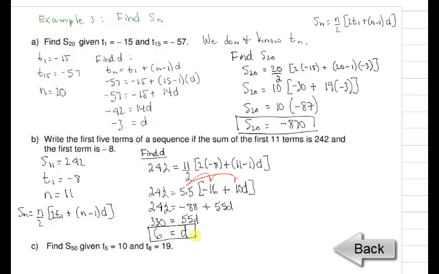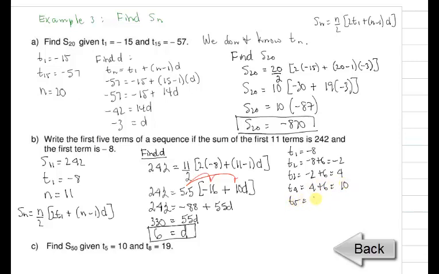Okay, so now we can write our first 5 terms. So t1 we already know is -8. t2 will be -8 plus 6, which is -2. t3 is -2 plus 6, which is 4. t4 is 4 plus 6, which is 10.